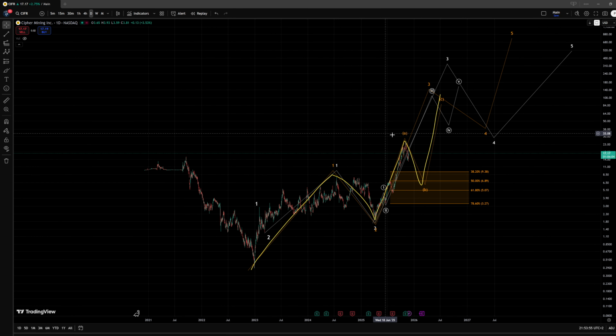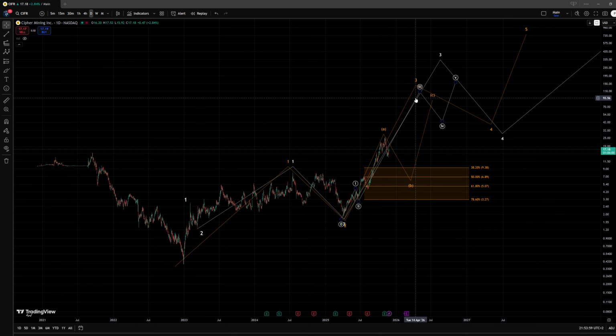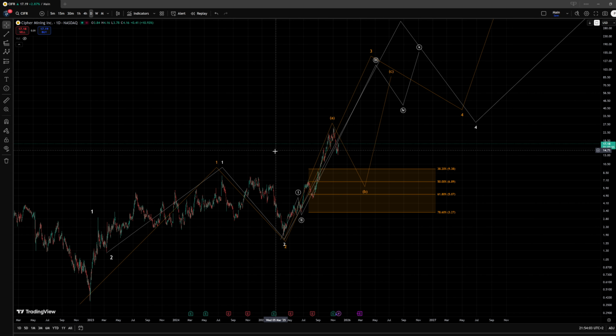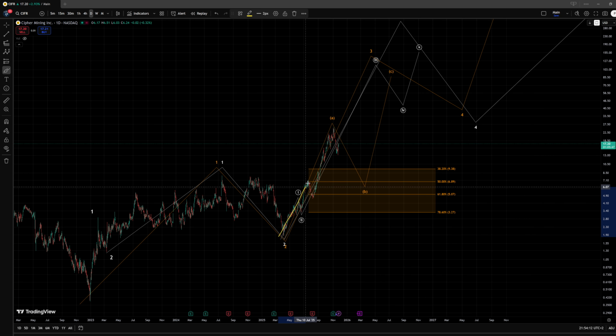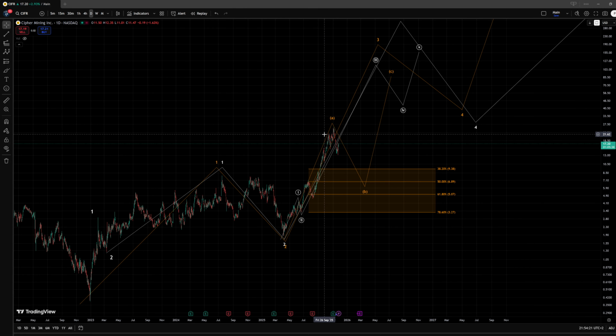Even within the orange interpretation, I would like to see further extensions, but it doesn't need to form any additional highs to have a full count within this wave A. The wave A does have enough waves. It is sufficient to be tracking this as an ABC structure to the upside as a larger wave A as part of this even larger wave tree, which is why we are tracking this backup scenario if we end up failing to push directly higher.